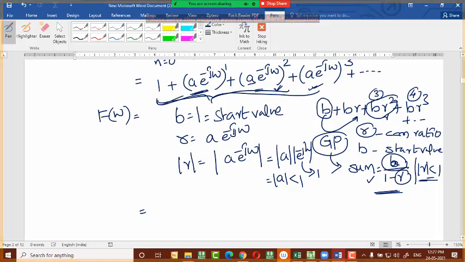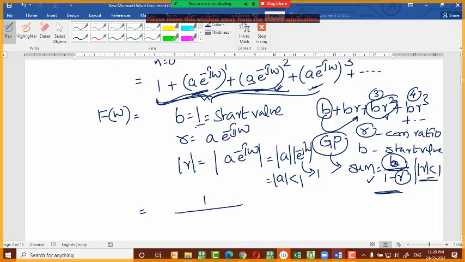So instead of writing this entire summation, the summation is nothing but starting value by 1 minus common ratio. What is that starting value? 1. By starting value 1, that we have already identified, and according to the formula, 1 minus r, where r is nothing but the common ratio. What is that common ratio? A into e power minus j omega. This is the DTFT for the given signal.